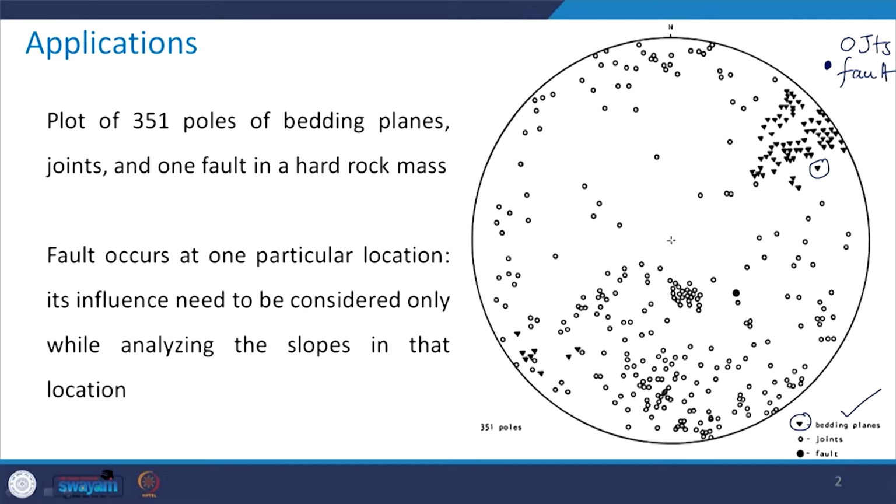You will see that mostly the solid triangles are in this zone and some are lying here, here and then here. There is only one fault in the hard rock mass, which is here at this location. And then you can see that joints are all over the place, that means here, here, everywhere these circles, that is joints, are there.